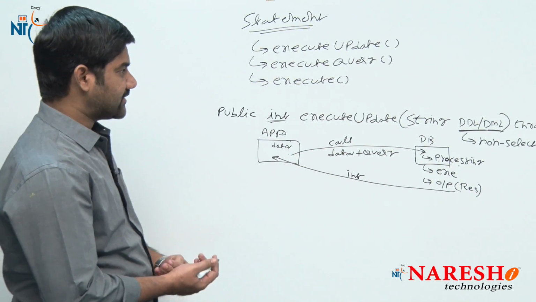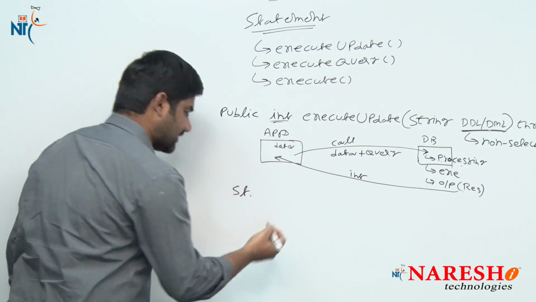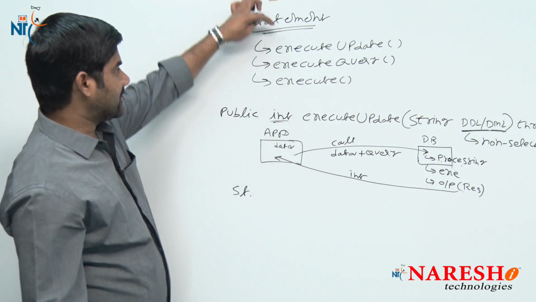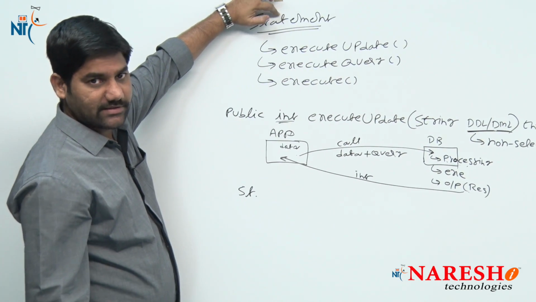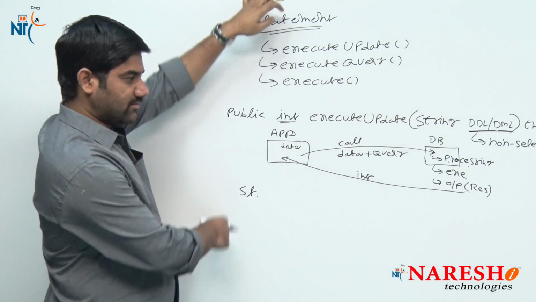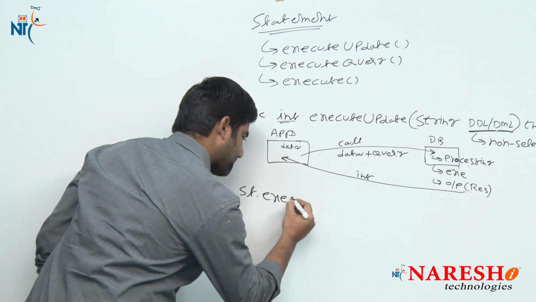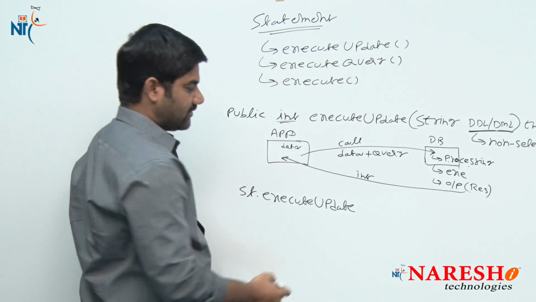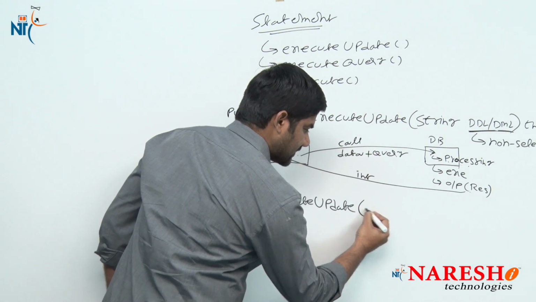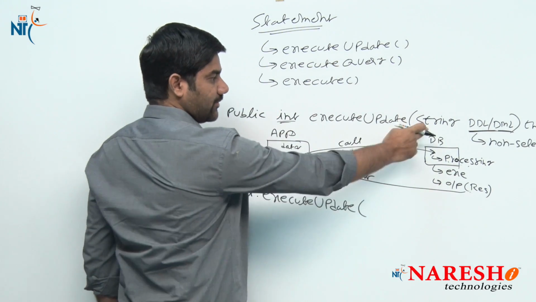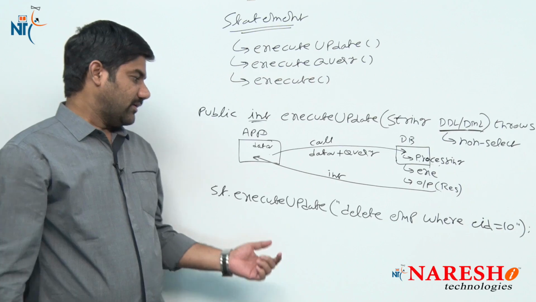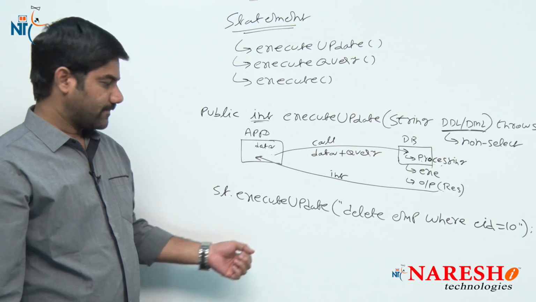The statement comes like this: st. Assume this st is an object of the Statement interface. st dot your method name executeUpdate, followed by a query specified within double quotations. This is the statement implementation.